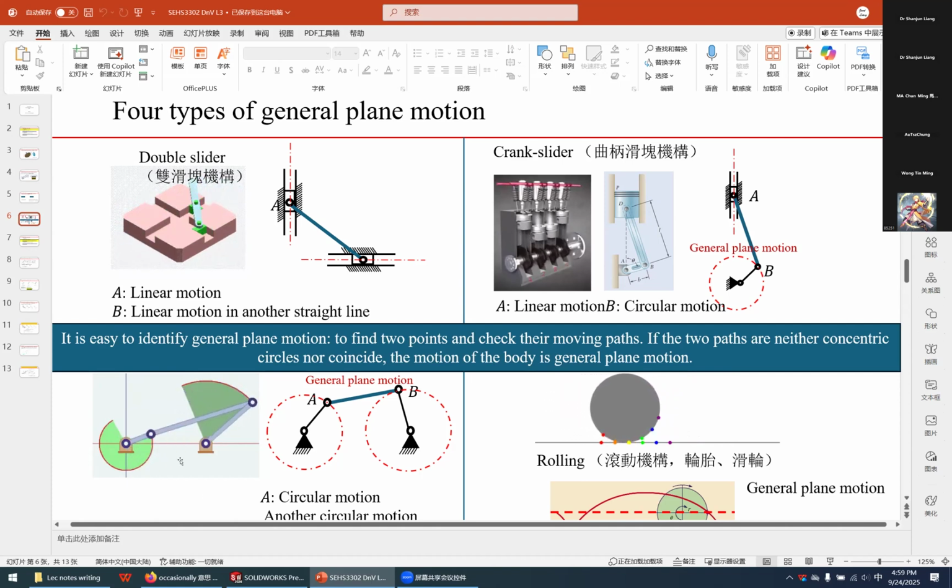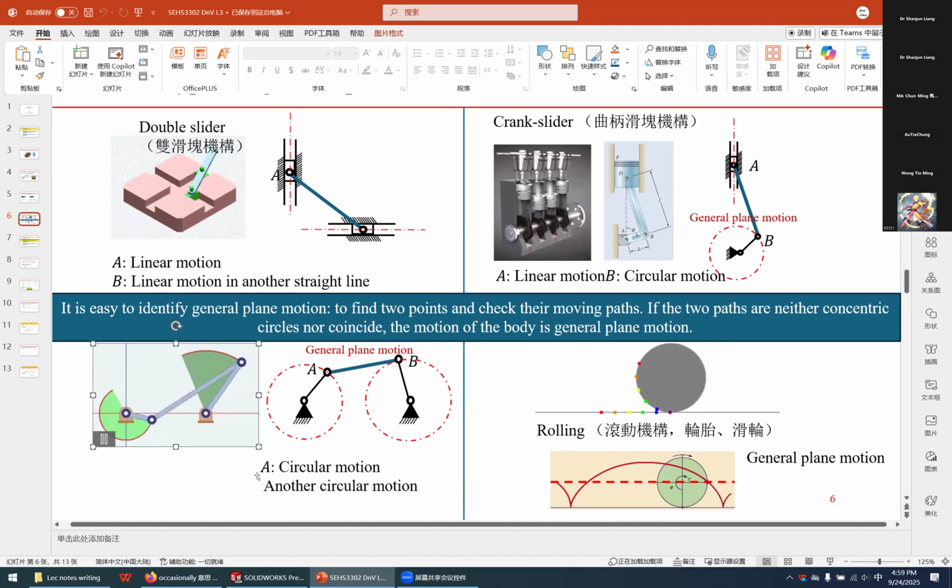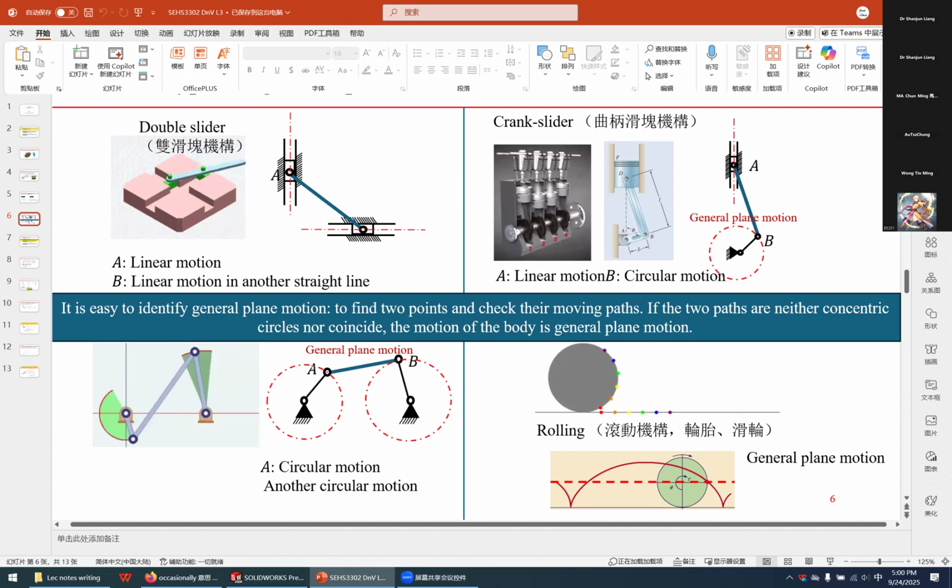The third one, we call it a four-bar linkage or a crank roller. As you can see, for the link AB, point A moves along a curve, a circular path.